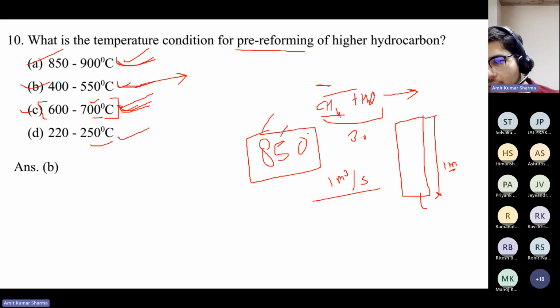Then if I compare the outlet gas, I am getting 100% conversion.